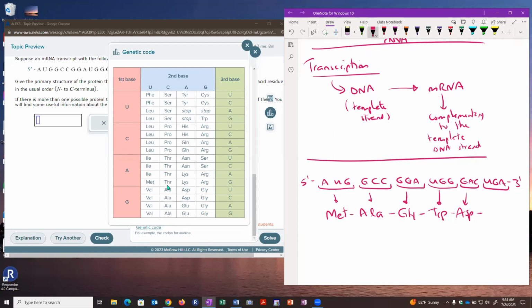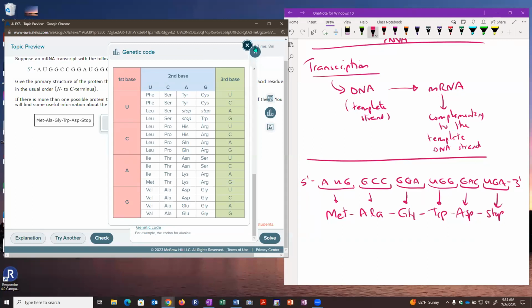And then UGA is a stop codon. So we're going to type these in now: MET, methionine, hyphen, ALA, GLY, TRP, ASP, and then stop.